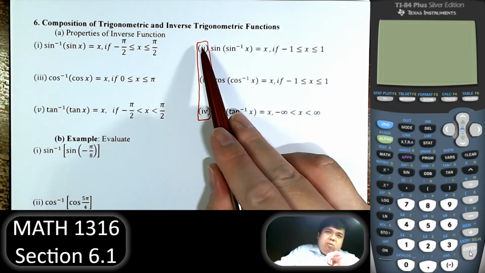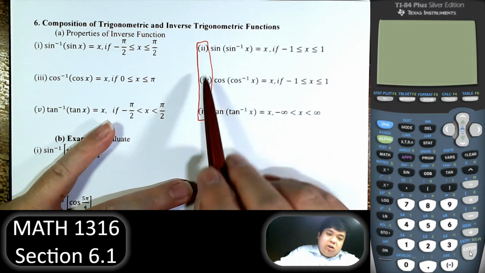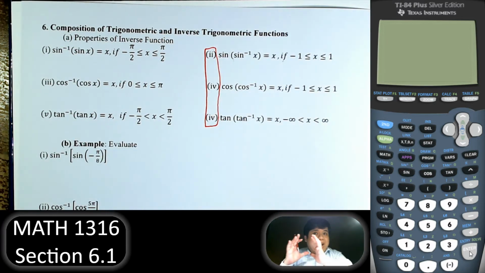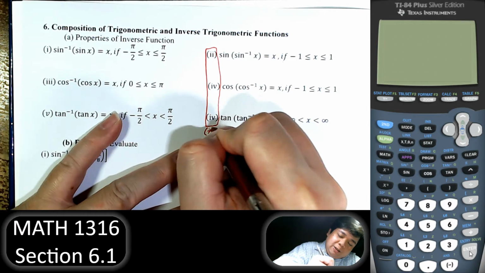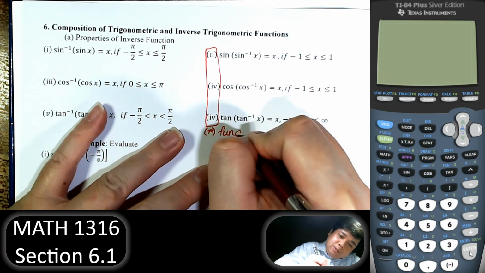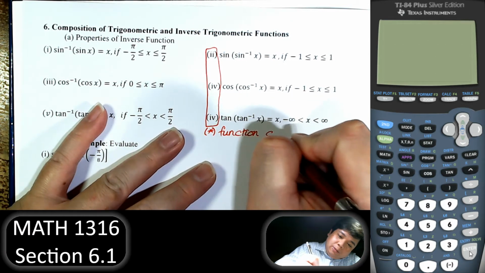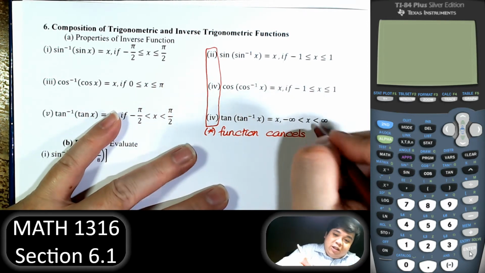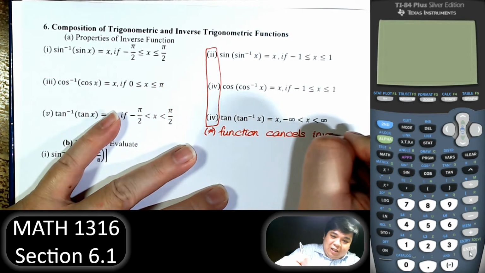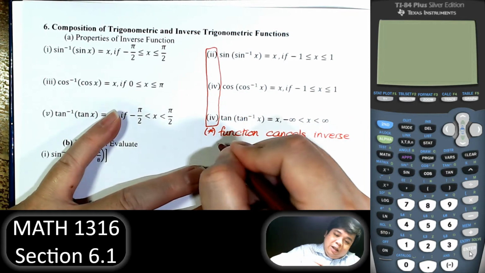So one thing to note on the function here, the function will cancel the inverse if it exists. Let me just write the difference between these two. The function cancels the inverse if it exists.